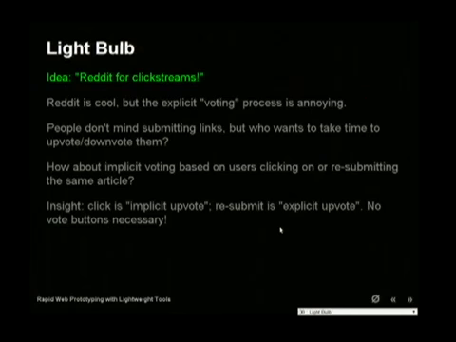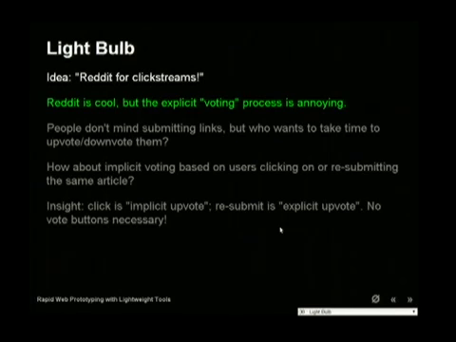So how many people here use Reddit overall? Well, not that many. A lot more people in the US use it than people at Pycon, I think. So the idea with Reddit for clickstreams is that Reddit is cool, but explicit voting is annoying, right? I personally never really vote on things on Reddit, even though I consume a lot of content on it.